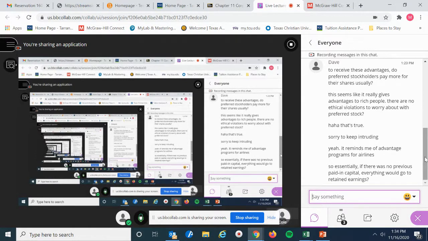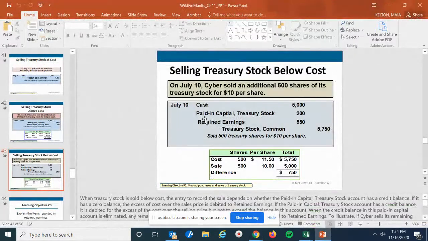So if there was no previous, let me go back to the slides. So see how the paid-in capital has to be split. Earlier we said, oh, the company issues common stock, paid-in capital, common stock is credited. Does that make sense?